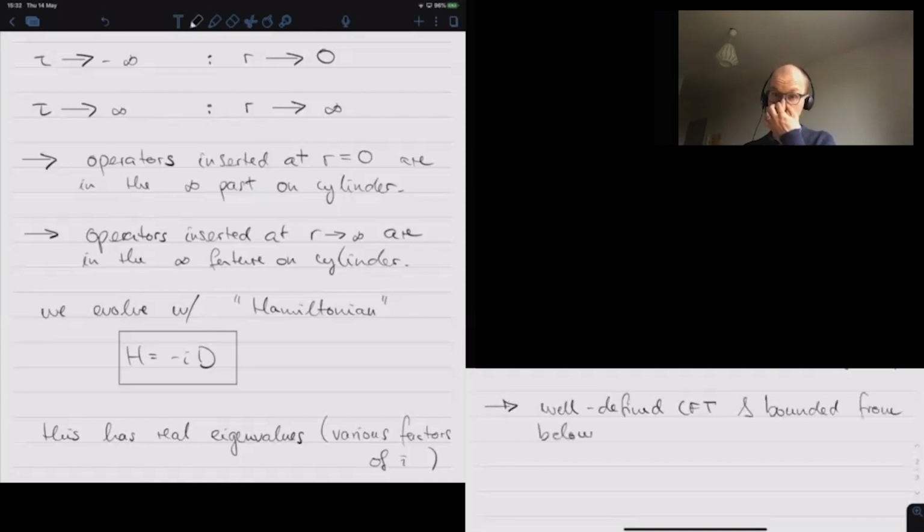Because if it didn't, then this cylinder quantization would make absolutely no sense, right? So in this cylinder, we really have a theory whose Hamiltonian is minus i delta, and we have time evolution just like we usually think about time evolution. So that's a perfectly natural theory. And so this theory just wouldn't be well defined unless its energy eigenvalues, which are now the eigenvalues of minus i delta, are bounded from below, because you know that quantum mechanics with a spectrum that's not bounded from below is not well defined.